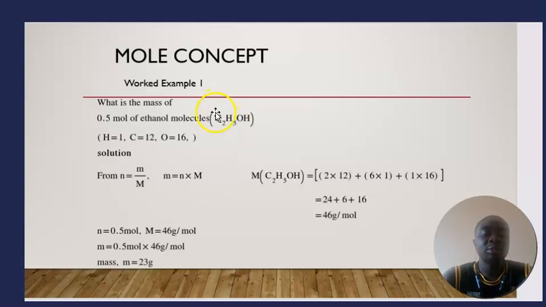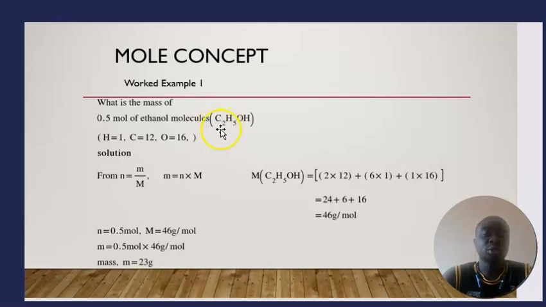But when you consider the element carbon, we have two atoms of it. When you consider the element hydrogen, we have six atoms, because this is 5 and this is 1, making 6. We have 6 atoms of that hydrogen. Then when you consider oxygen, we have only 1 atom of it. So we have 3 elements, but we have atoms of each of them.